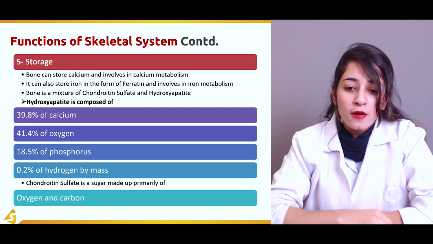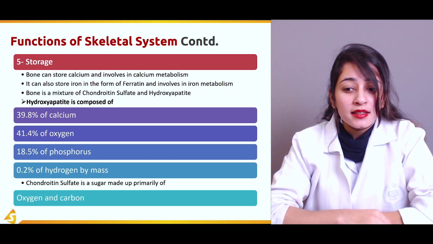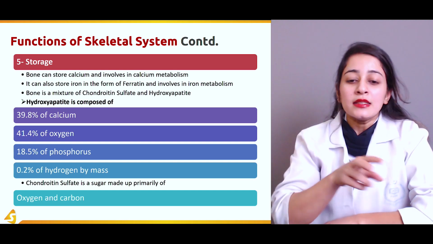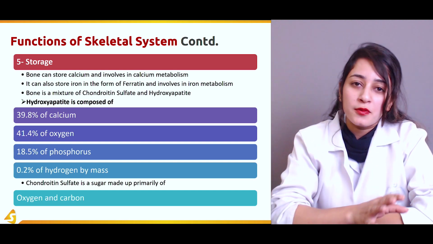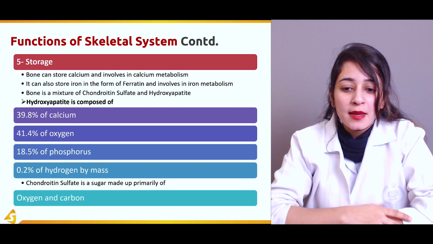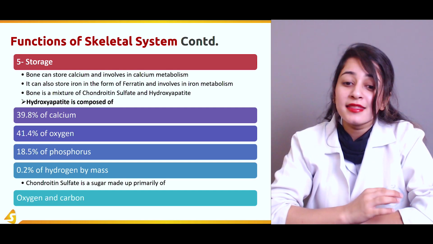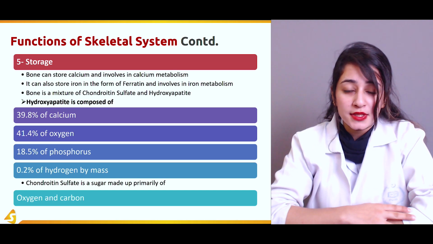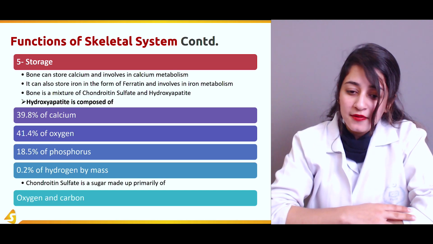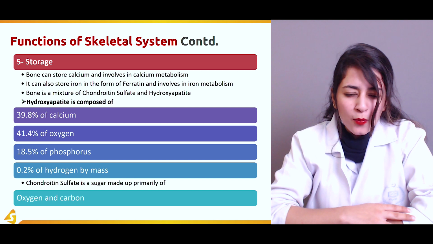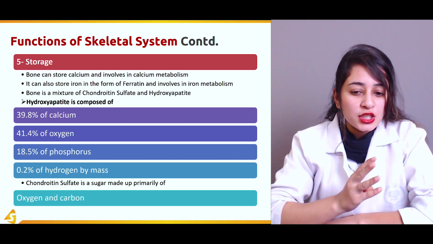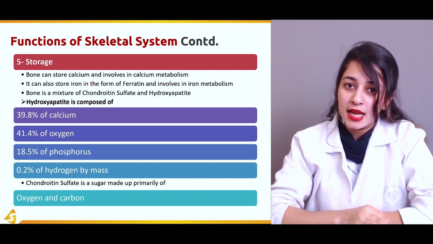Bone is a mixture of chondroitin sulfate and hydroxyapatite. These two things are also present in your bones. Hydroxyapatite is composed of 39.8% calcium, 41.4% oxygen, 18.5% phosphorus, 0.2% hydrogen by mass. So there's a mixture of calcium, oxygen, phosphorus, and hydrogen.